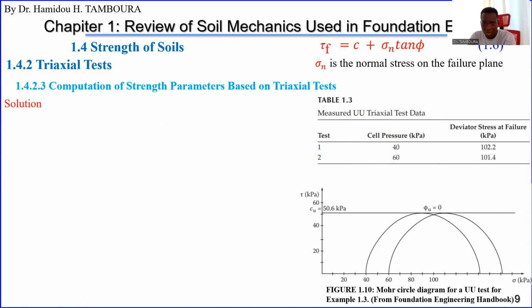Okay, so I hope you understand how to draw the Mohr circle and how to obtain the parameters. You just need sigma 1 and sigma 3, and then the difference, the deviator stress, will give you the diameter of your circle. You draw it, and you draw a line that is tangent to both circles at the same time. Please don't tell me that the line can be this.